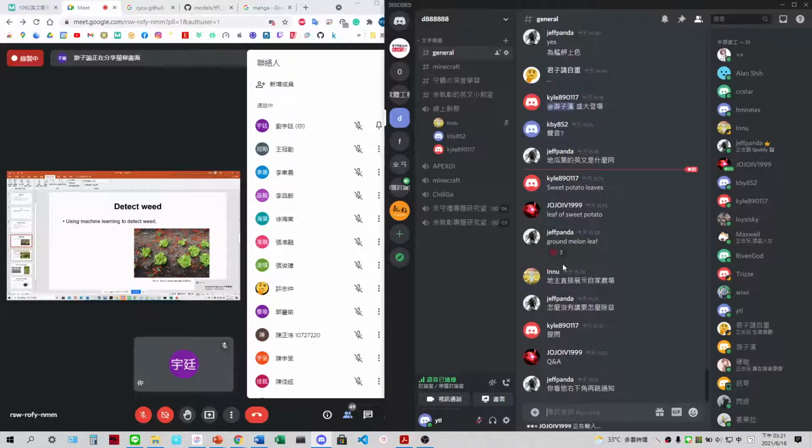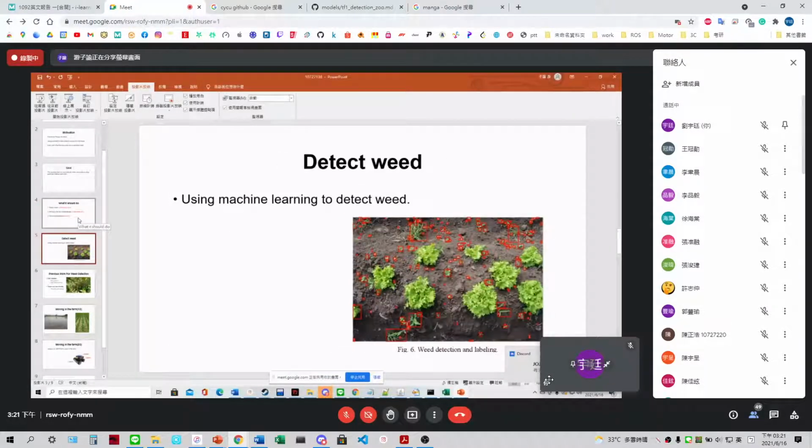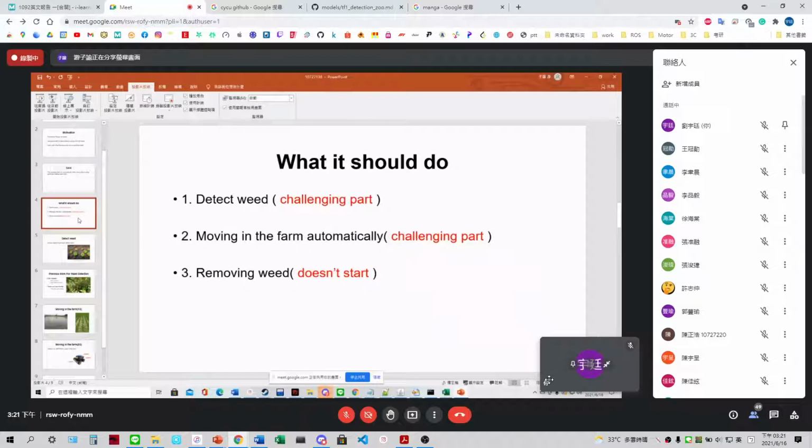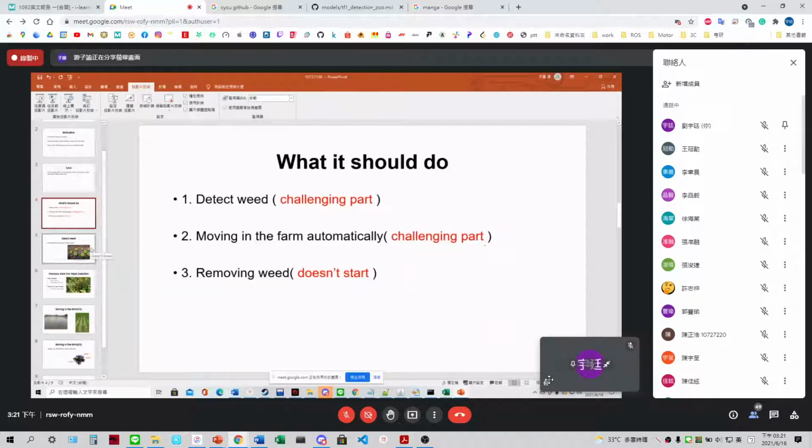The first two items are the most challenging tasks, right? So are you going to solve the first one and then the second one, or are you doing them both in parallel? We decide to solve the first one, and after we finish this, we will take on the second one.